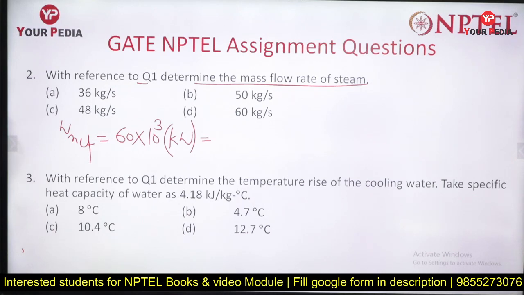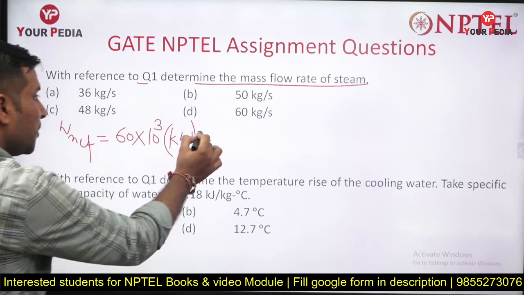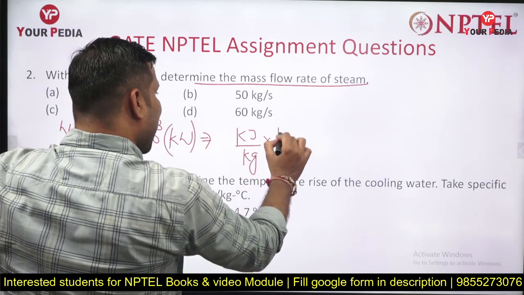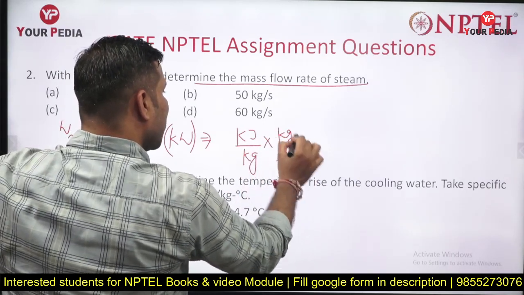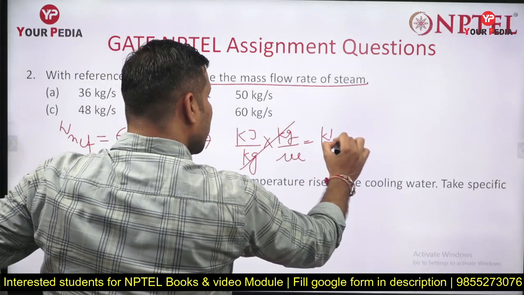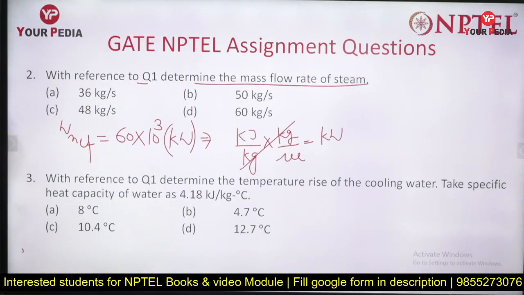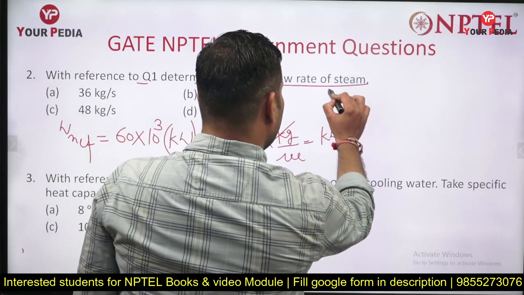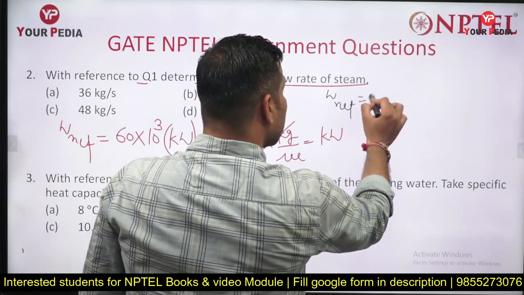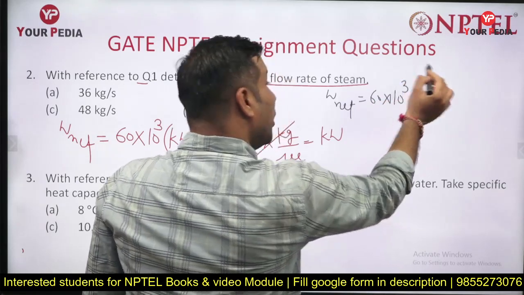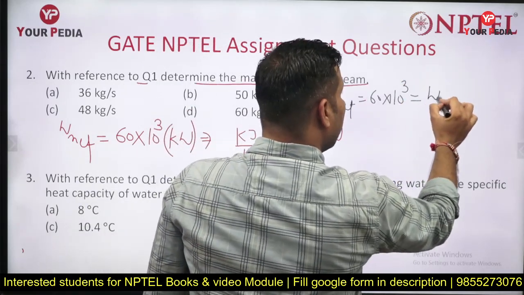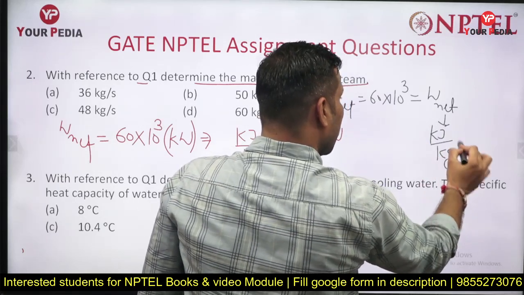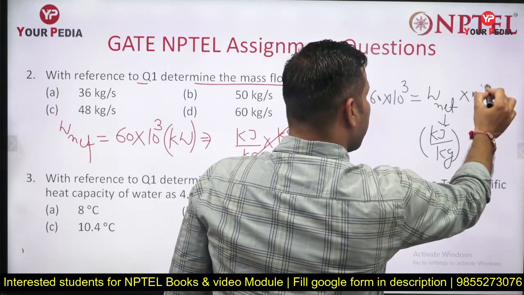So you can write it in kilowatt. Guys, you know, kilojoule per kg into kg per second is nothing but what? Kilowatt. Yes or no? So 60 into 10 to the power 3 kilowatt you can equate with W net, which we evaluated in kilojoule per kg, into the mass of steam.